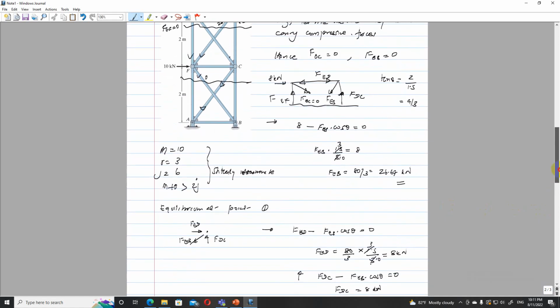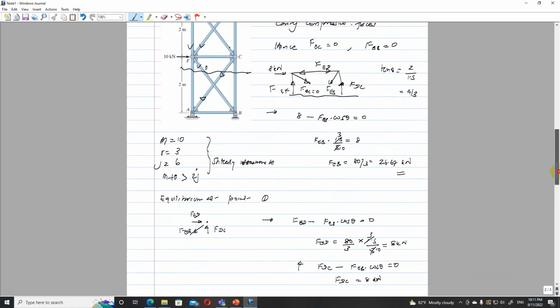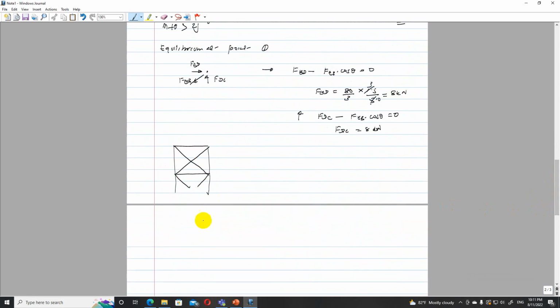So FB and FCA, FB and FCA. FCA is tension, FFB is 0 since it's a long diagonal member.